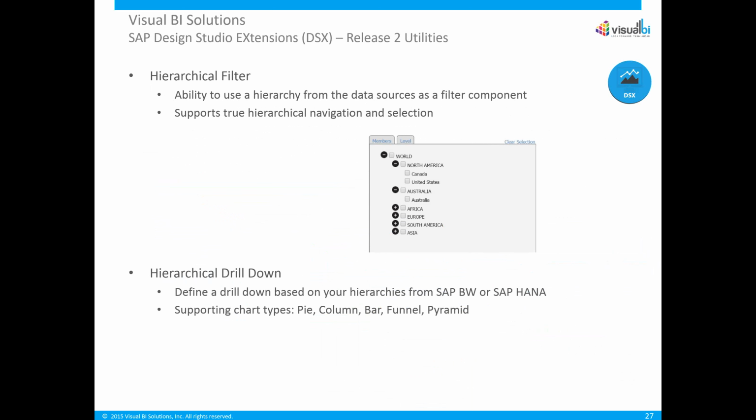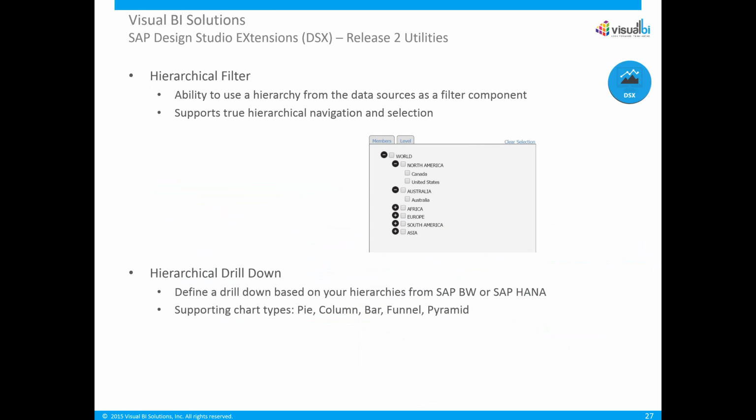For those who are already working with Design Studio, you probably noticed that elements such as the list box, such as the combo boxes, they do not support hierarchies out of the box, which is why we created this ability to have a hierarchical filter, which comes with the option to actually ask for things like children, parent, descendants.